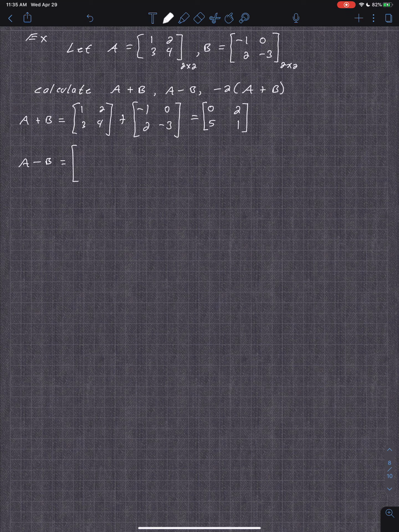In this case, we'll write out each step: 1 minus -1, 2 minus 0, 3 minus 2, and 4 minus -3. Calculate those, and that's, of course, the difference. So that's 2, 2, 1, 7.